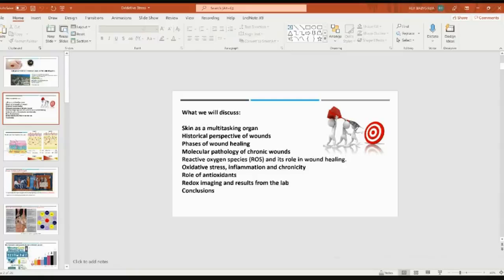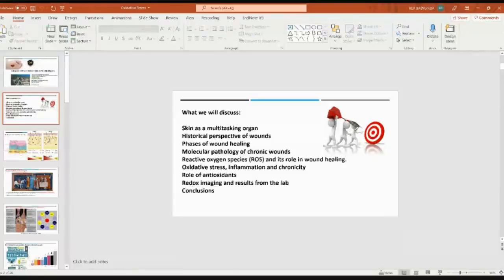From there, we slowly will switch gears to understand oxidative stress-associated inflammatory components, and whether exactly these contributors have any role to play in the chronicity associated with wound healing. Then a very brief discussion about some of the antioxidant protocols or antioxidant targets that we can have based upon the free radical mechanisms.